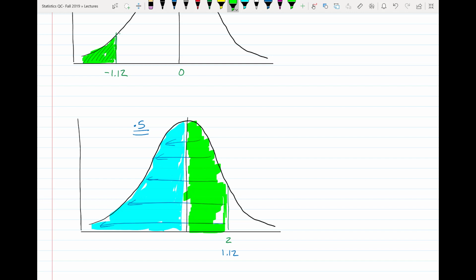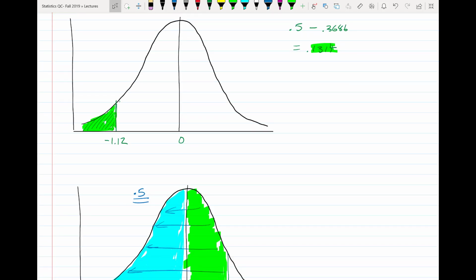So we can say, therefore, that the probability that any score is less than 1.12 equals 0.5 plus 0.3686. And what is that?